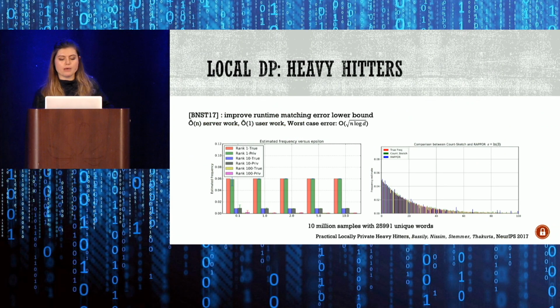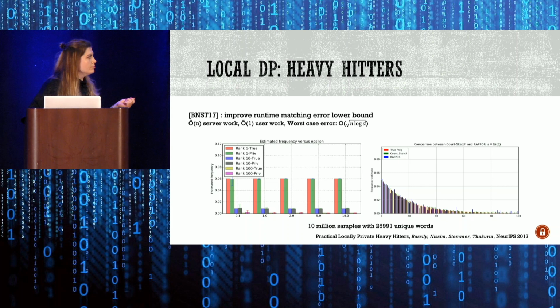So this first example comes from NeurIPS in 2017 and has developed an algorithm that detects heavy hitters using local differential privacy. The result in this work improved the total work that needs to be done by the server while meeting the worst case error that has been proven in these models.